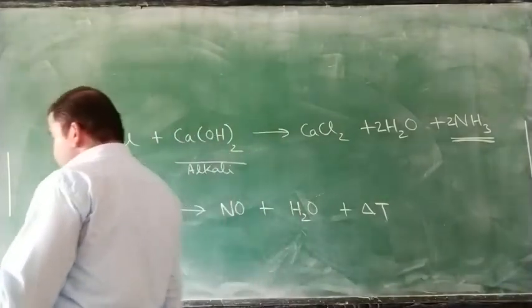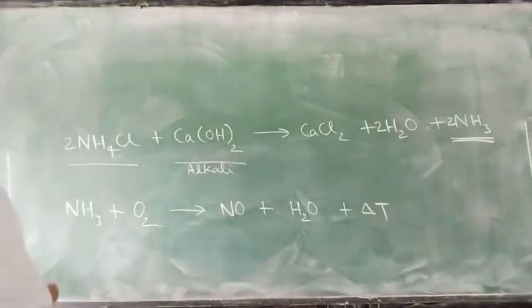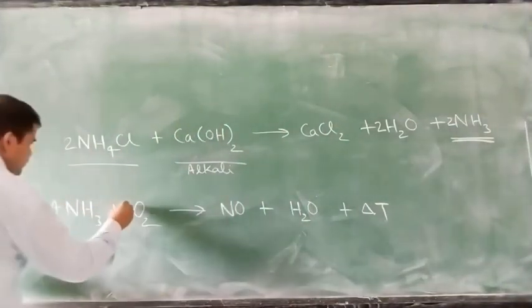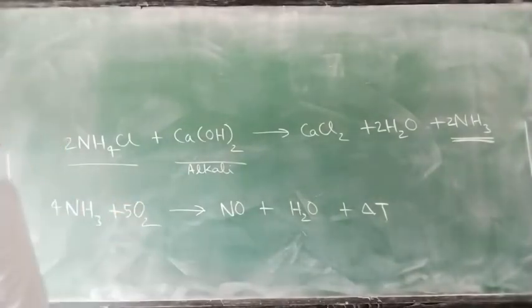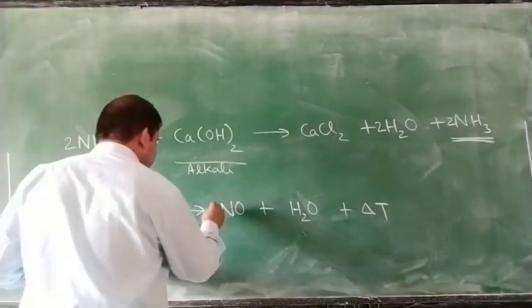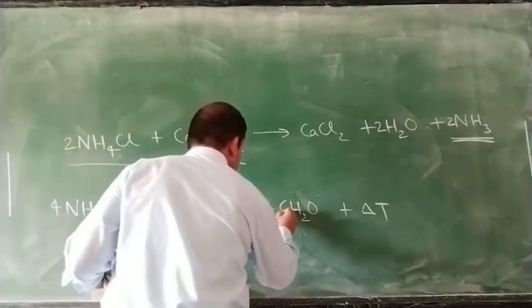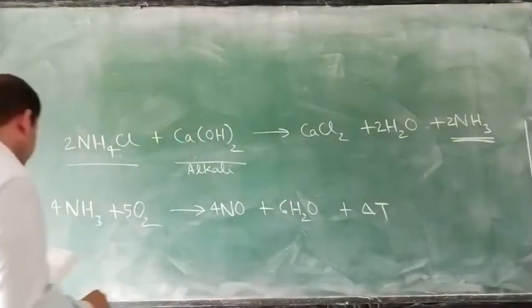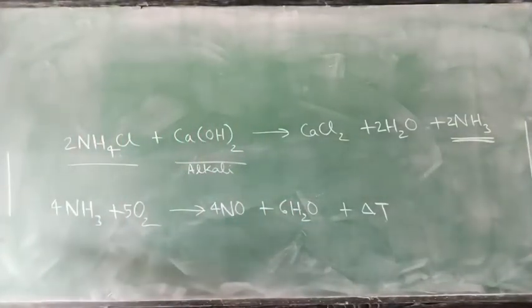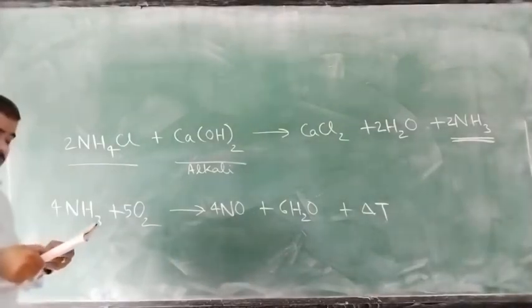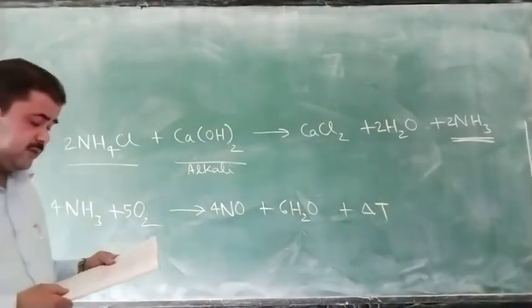This is the exothermic reaction, and after this we will balance. So here an exothermic reaction takes place between ammonia and a neutral gas.